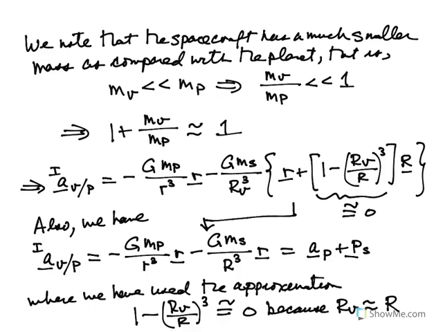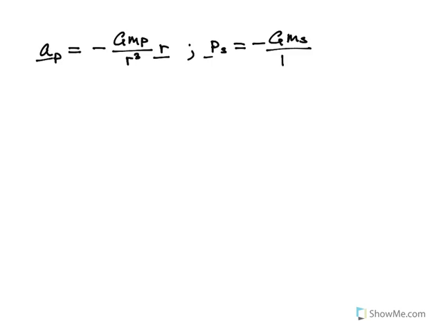So now what I'm going to do is I'm going to define these quantities a sub p and p sub s. So a sub p is equal to minus g times mp all divided by r cubed times r, and p sub s is equal to minus g times the mass of the sun all divided by R cubed times little r.